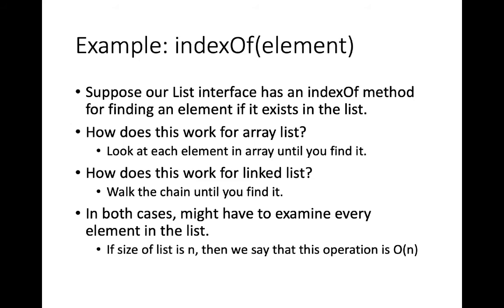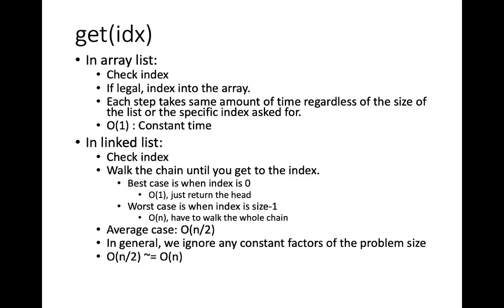To say that index of is an O of n operation for a list is basically saying it's going to take time proportional to the number of items in the list, because n is how long my list is. So index of is an order n operation.